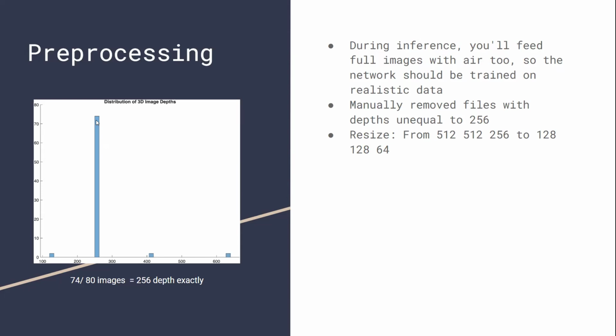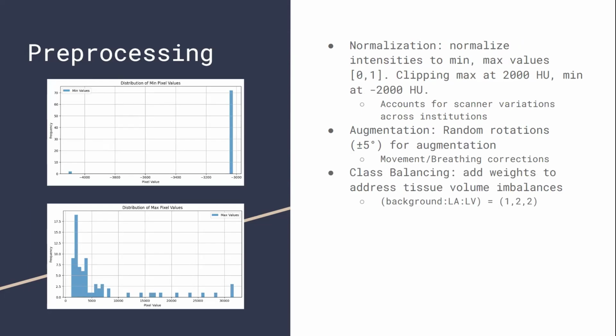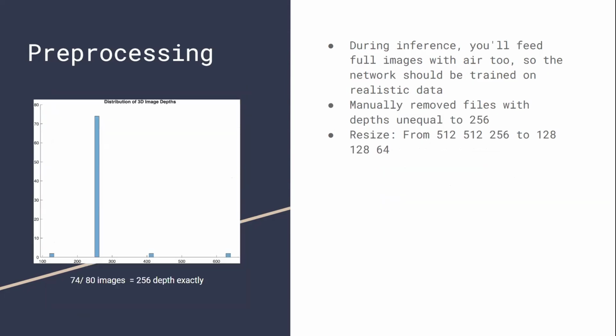So you didn't isolate the heart, you just did the whole thing. Yeah. And the 128 by 128 by 64, the actual spatial dimensions of those voxels varied from person to person? Yeah. If they were in millimeters, they would vary. Yes. Okay, thank you.